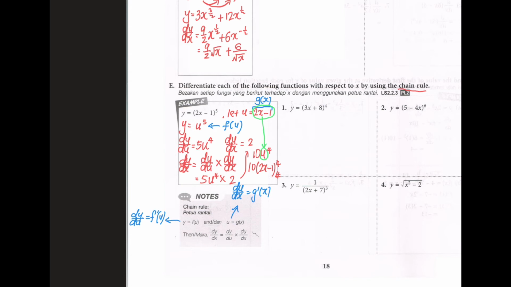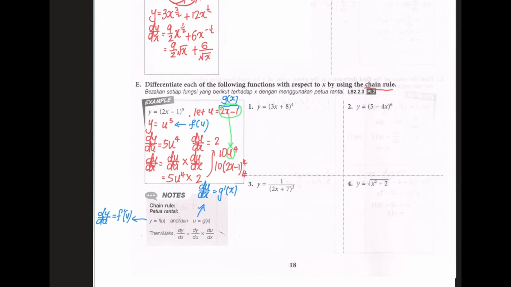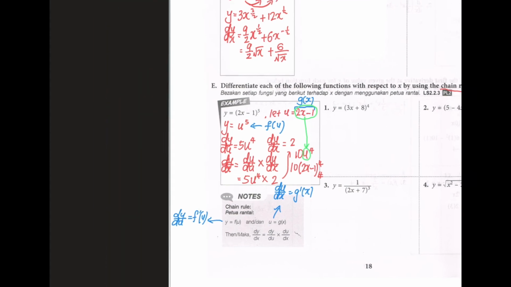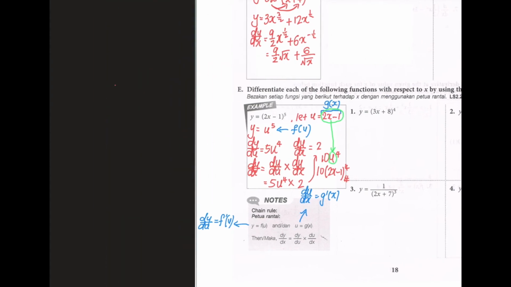It seems like so many things to do if you are using the chain rule. So now let's see another method. Let's say the question never said chain rule. Then you can use a shortcut. But remember, we can use this shortcut only if the question never said chain rule. If the question said chain rule, then you do it like this.